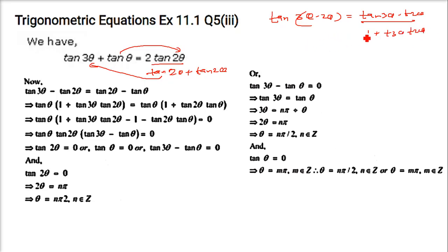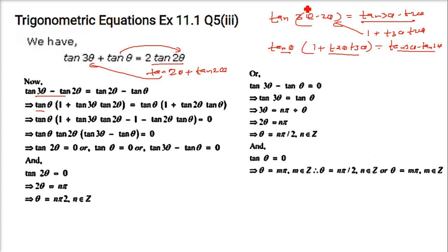So this we are taking here, and this is of course tan theta. So tan theta into 1 plus tan 2 theta tan 3 theta equals tan 3 theta minus tan 2 theta. So exactly what we have written here, tan theta times 1 plus tan theta tan 2 theta.